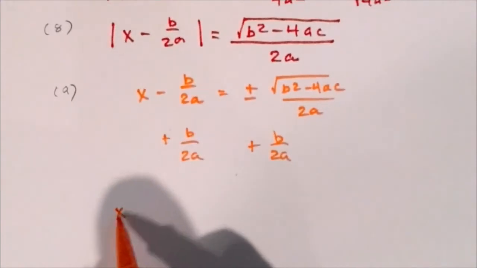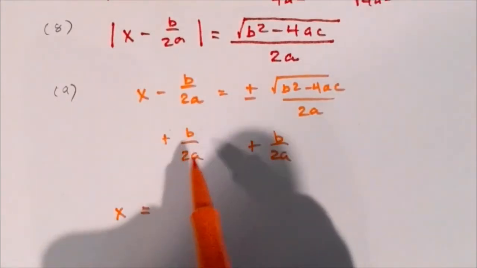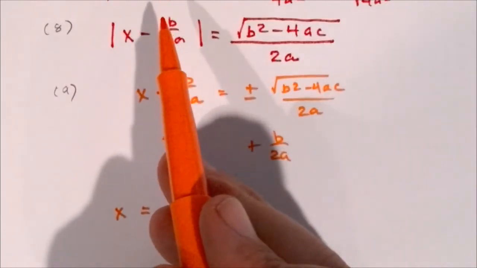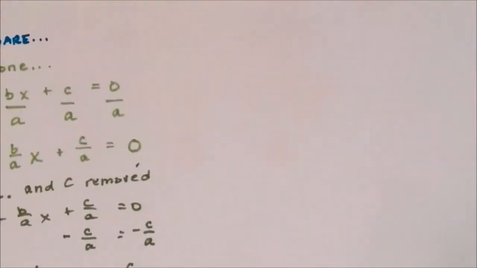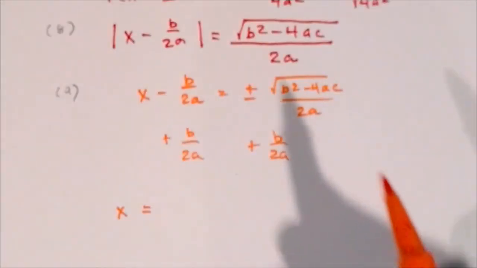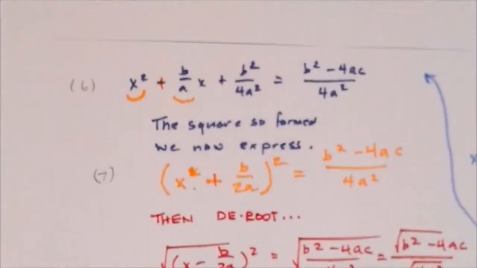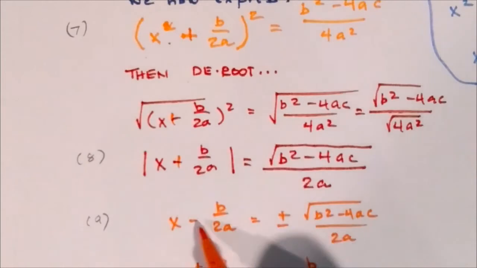And I get x equals, I messed something up here. I know what I messed up. Damn me. This is a plus. Do you see? This was a plus. So this is a plus. This was a plus. This was a plus. This was a plus.